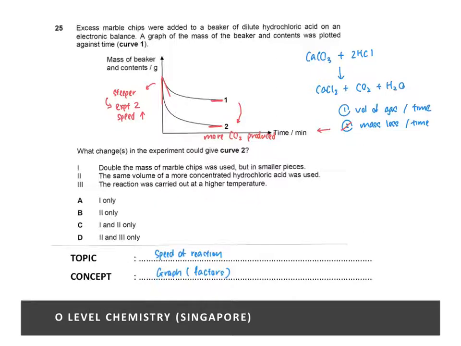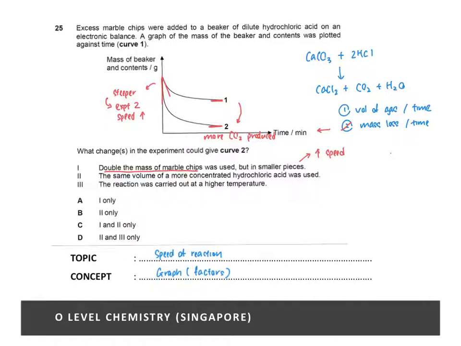Change 1, double the mass of marble chips but in smaller pieces. If you have smaller pieces, yes, your speed will increase, so it seems to satisfy one of the conditions. But if you double the mass of the marble chips, will it result in more reaction?